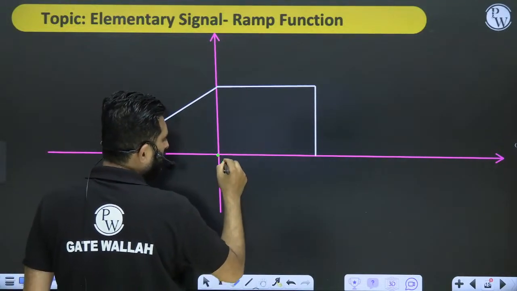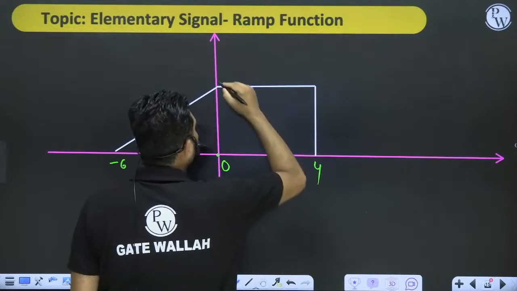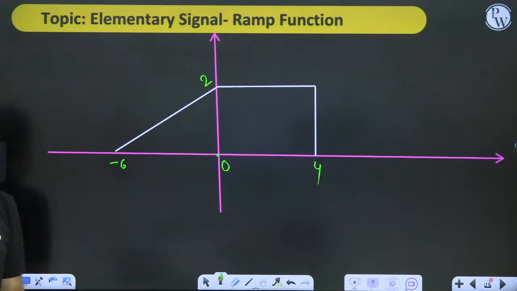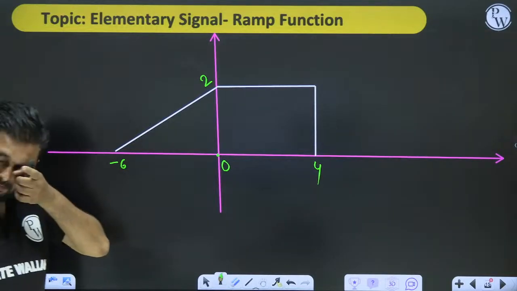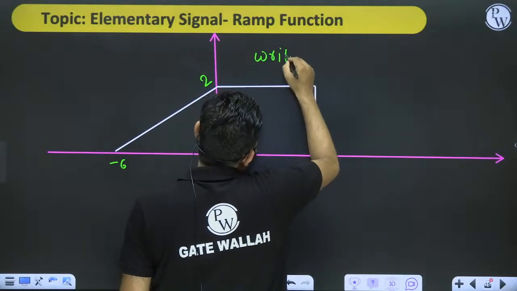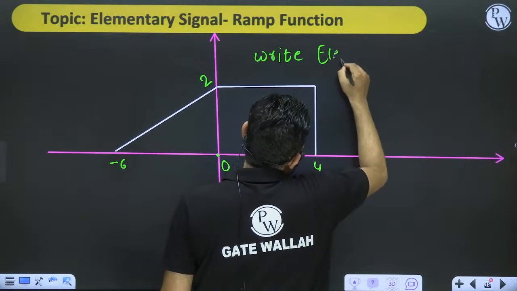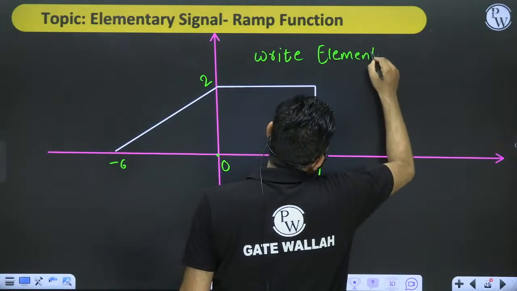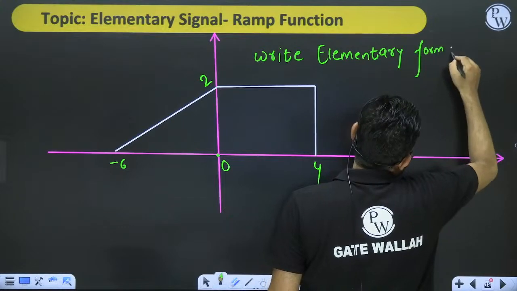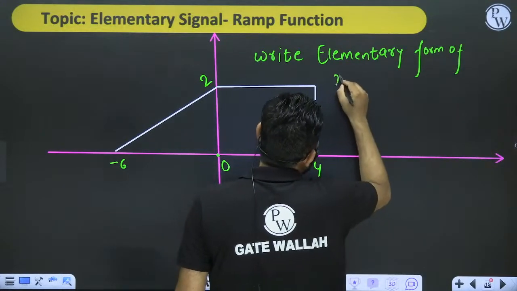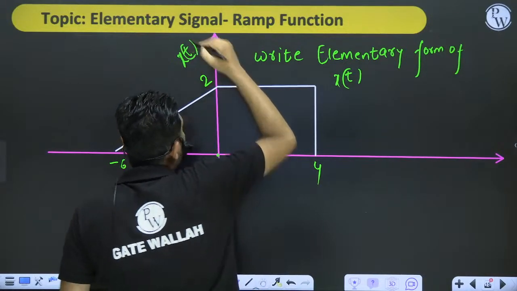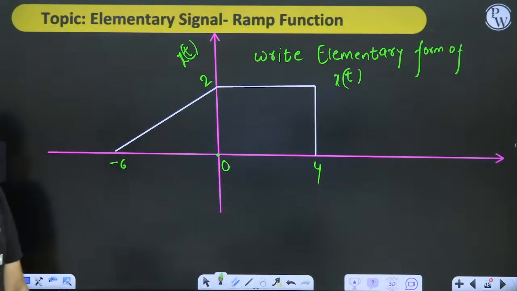This is 0 and that is 4, and this value is 2. Consider it to be 2. Write the elementary form of x(t). This is what my x(t) is. Write the elementary form of x(t).